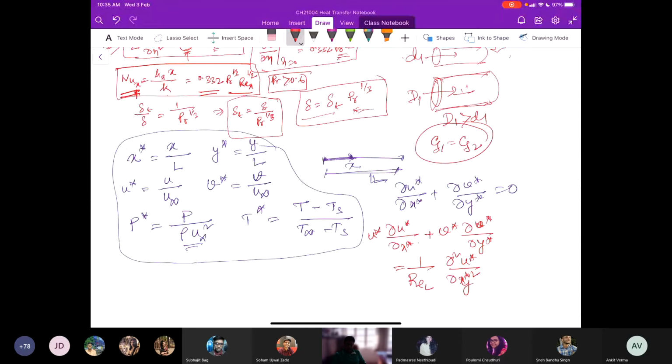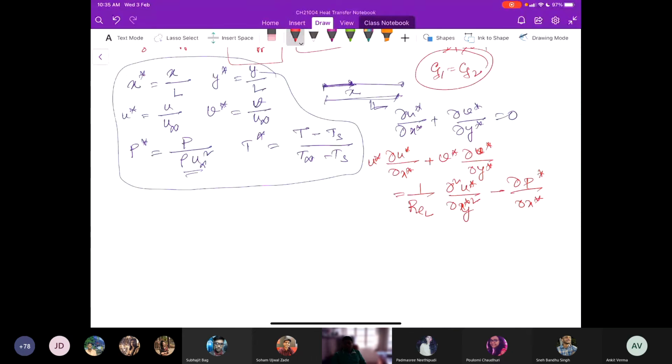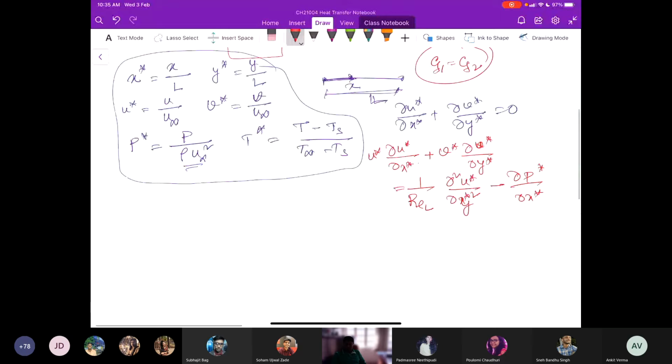This is the boundary layer we are writing, and we are concerned about the pressure gradient after the boundary layer approximation. So everything we are making non-dimensional.